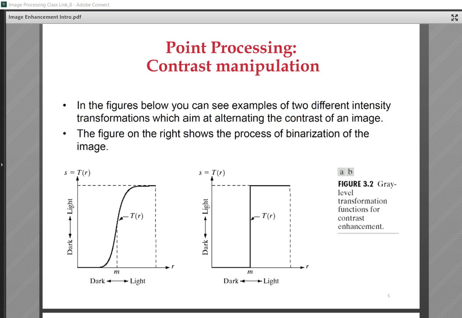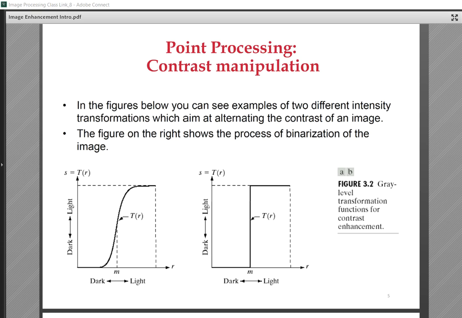In spatial enhancement, in the field of point processing, the first one in this slide is contrast manipulation, enhancing or changing the contrast of an image.